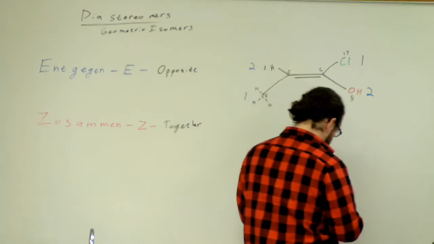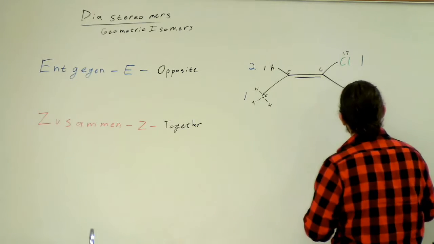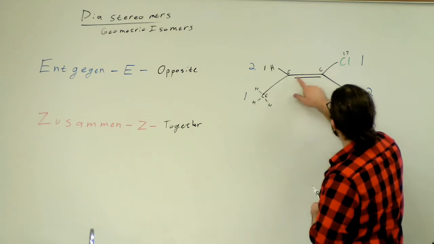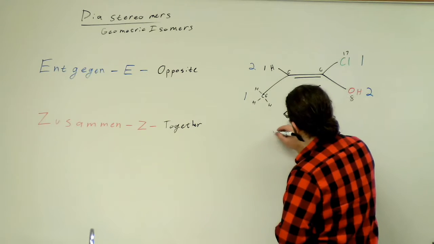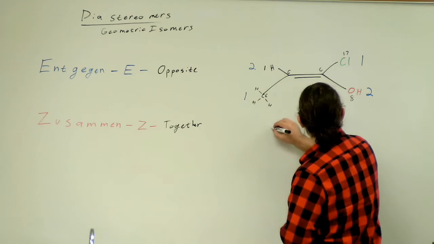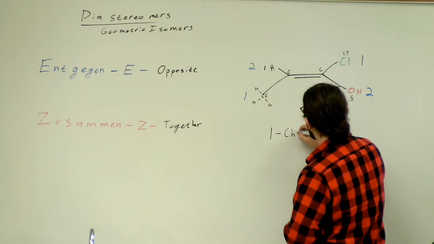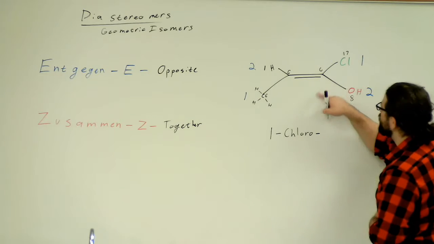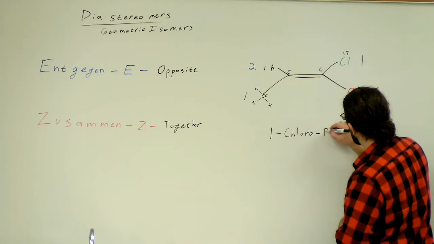So let's name this compound. I have alcohol, chlorines, and I've got 1, 2, 3 carbons. So this will be 1 chloro. That'll be 3 is prop.